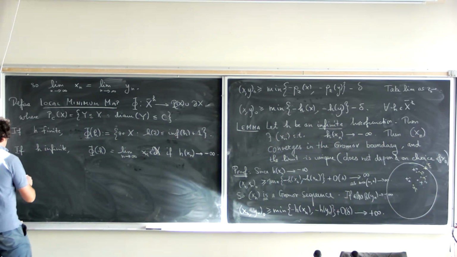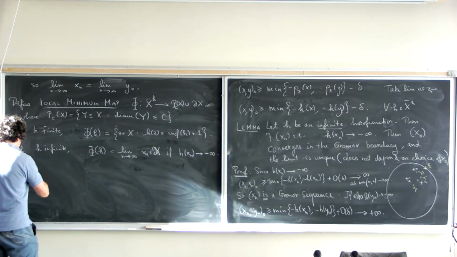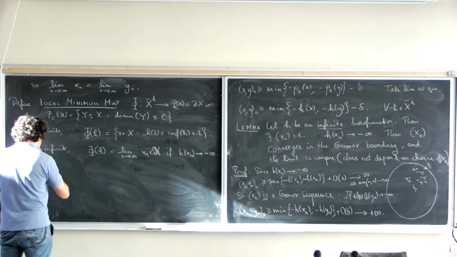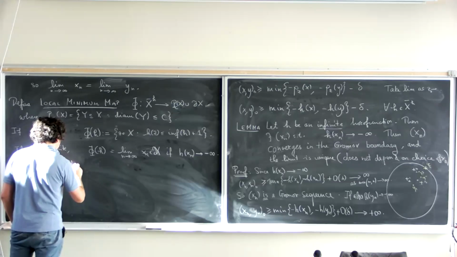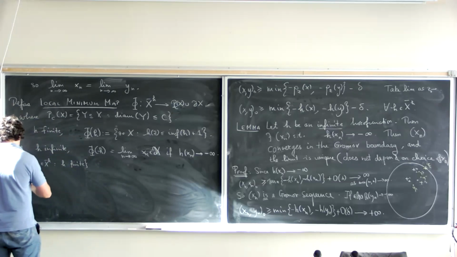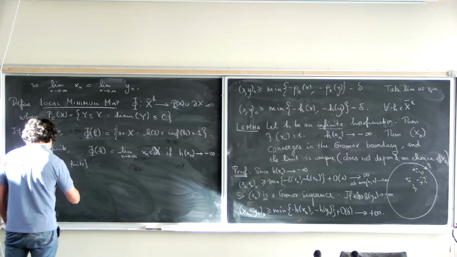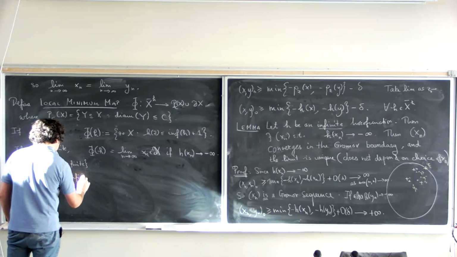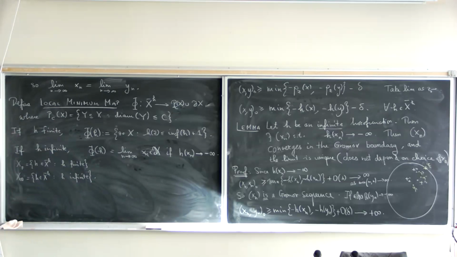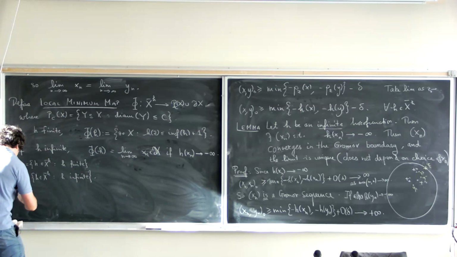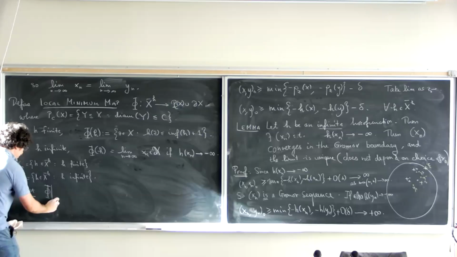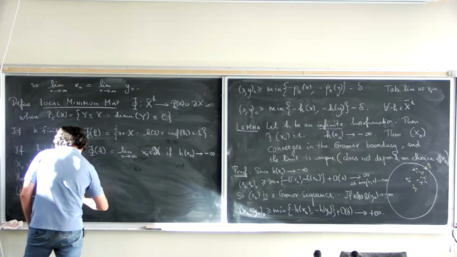If we call X_F the set of h in X bar such that h is finite, and X_infinity the set of h in X bar such that h is infinite, then it turns out the following lemma, which we will not quite prove: phi restricted to X_infinity is in fact continuous.